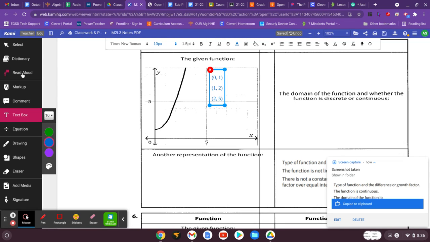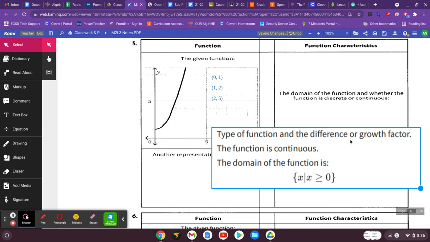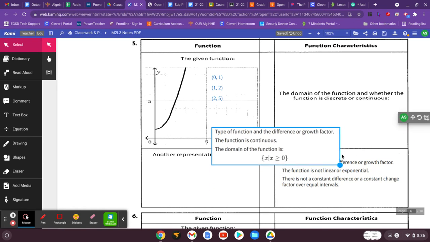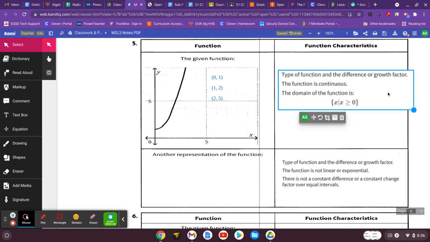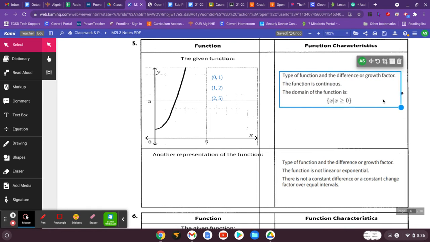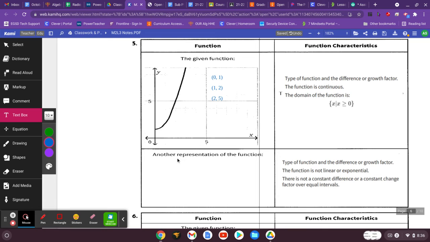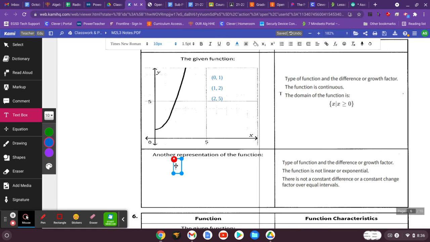So let's get back to this guy. There's a lot of semantics on this one with our copying and pasting, huh? Okay, so there's our type of function and that. And so our other representation, I'm just going to go ahead and list my points, my table, my x, and my y.